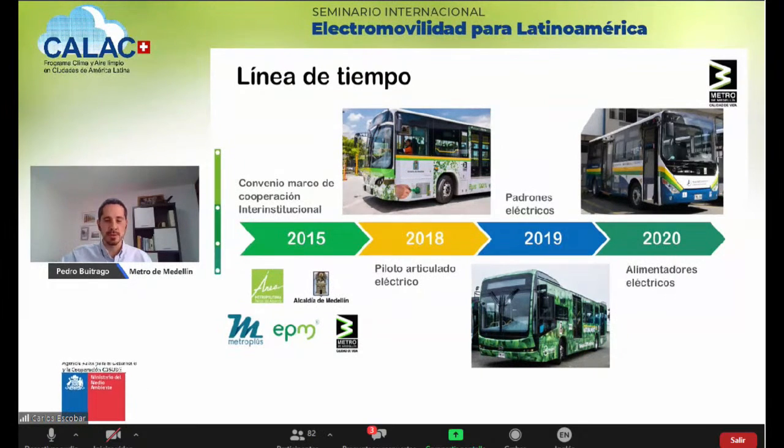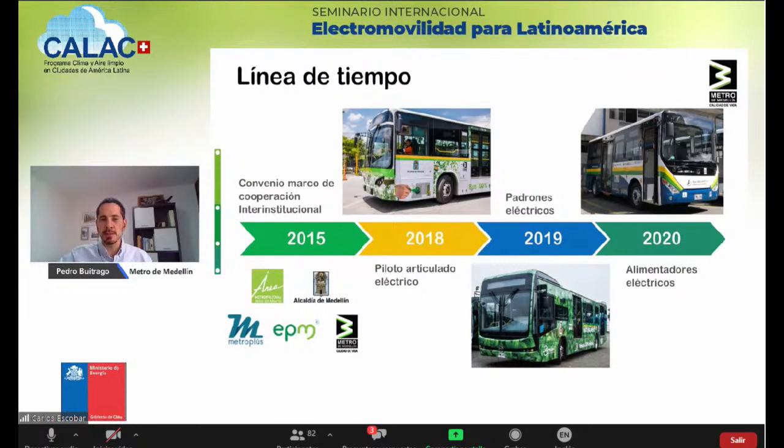I will give you more details about the performance of this bus that has been running for the last 2.5 years. As a result, and supported by such good results that we have obtained with the electric articulated bus, the municipality of Medellin decided to buy more buses.